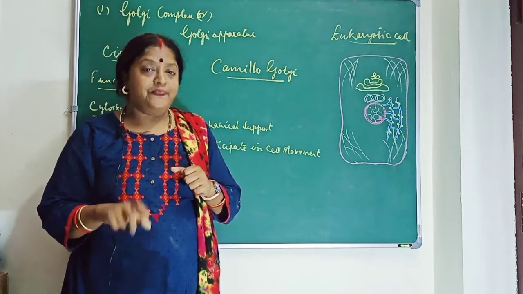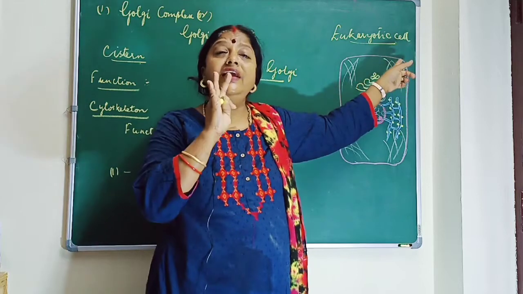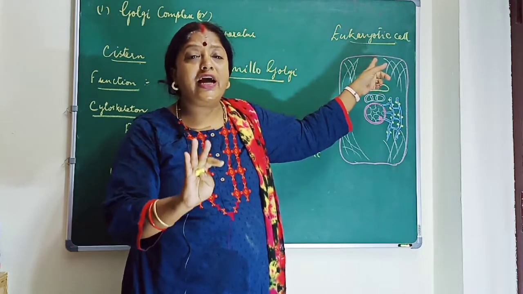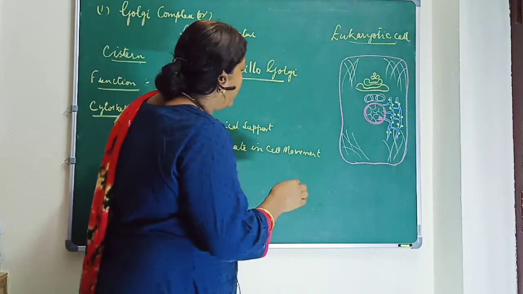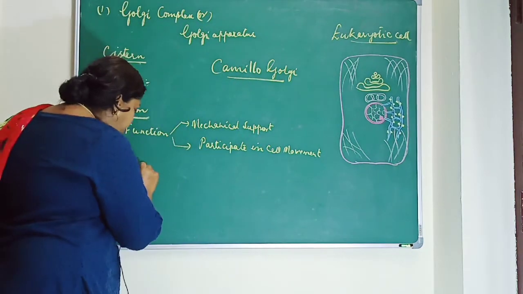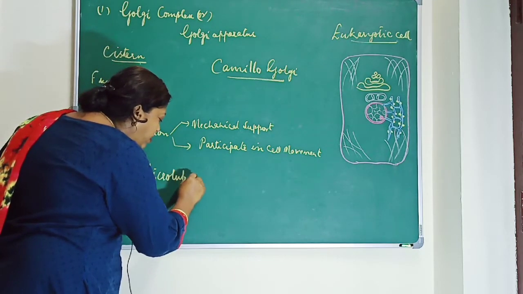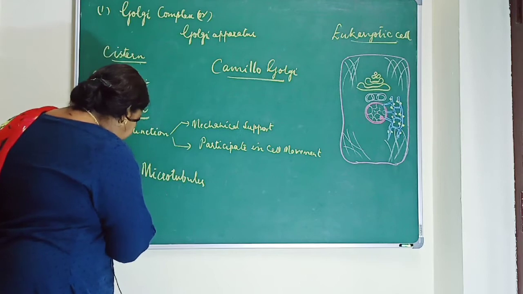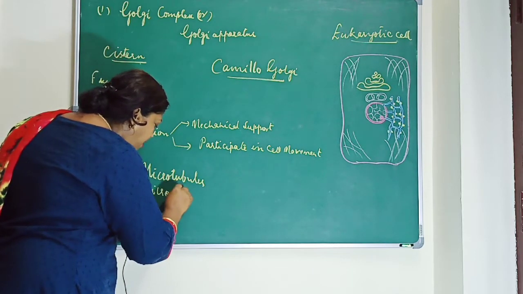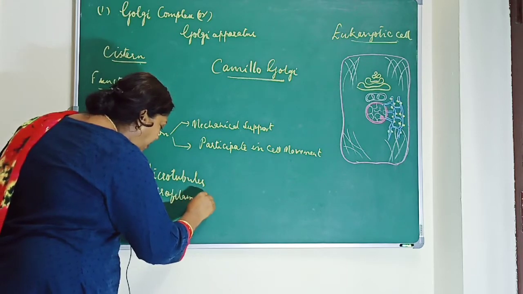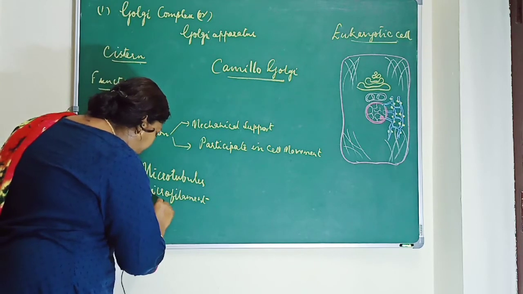Next, these cytoskeletons are made up of three types of fibers, and those are called: the first one is microtubules, the second one is microfilament, and the third one is intermediate filament.